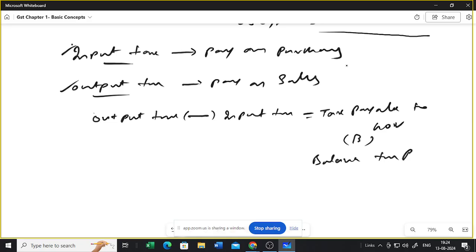So what is the tax you need to pay to the government? We identify the input tax we have and the output tax we need to pay. If you reduce input tax from output tax, we get one figure, which is the tax payable to the government. Clear or not?